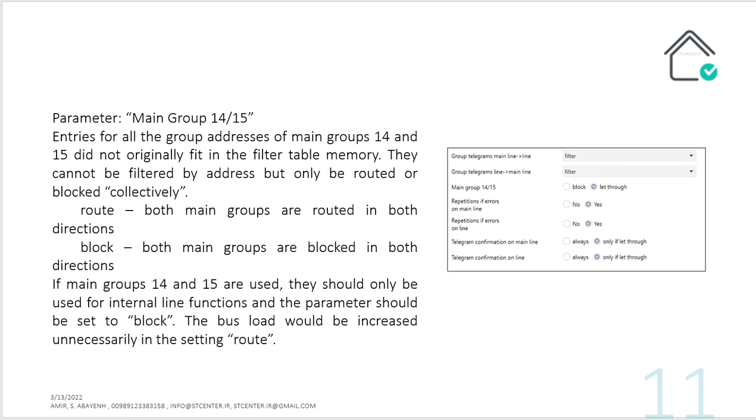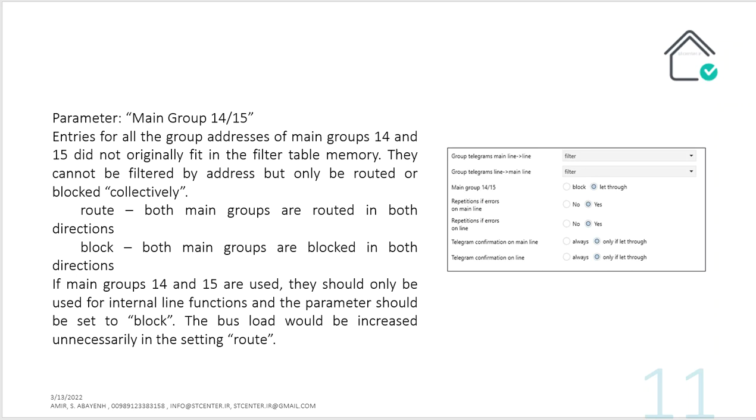About the parameter main group addresses 14 and 15: entries for all group addresses of main groups 14 and 15 did not originally fit in the filter table memory. They cannot be filtered by address but can only be routed or blocked collectively. So this is important.